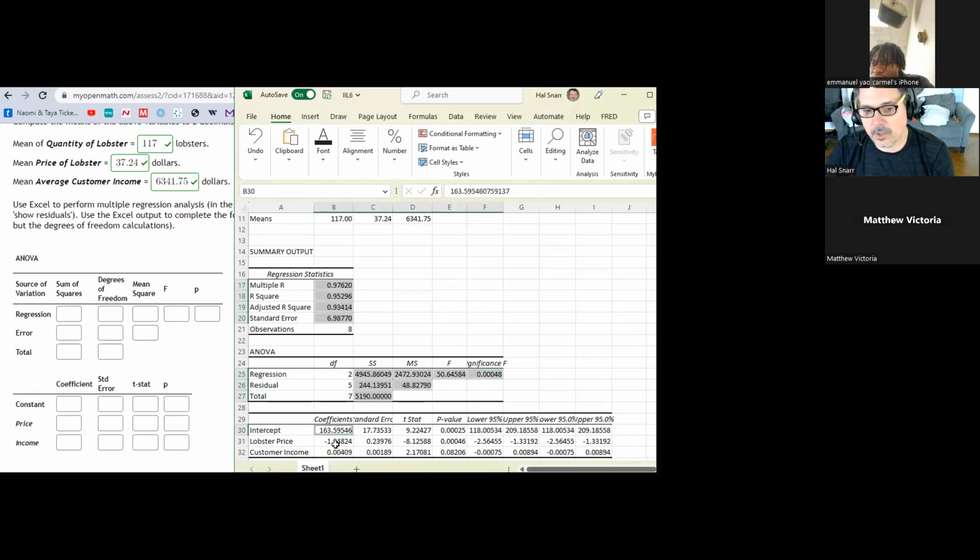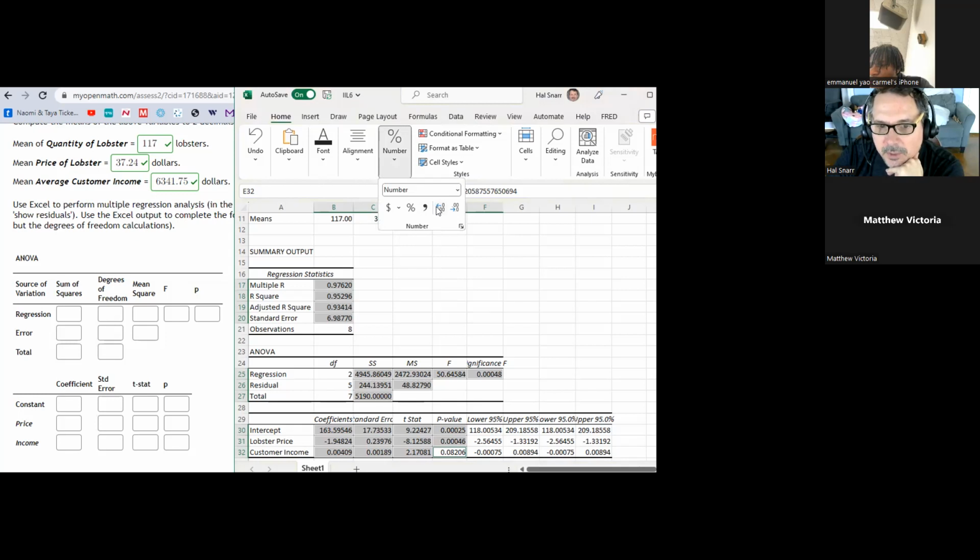Then do the coefficients, the standard errors, the t-stats, and the p-values. Are just the numbers highlighted? Now you can go up to home, click on number, and change the number of decimal places. Yeah, it's working now. Did you get 5? Yeah, 5. You good? Okay.